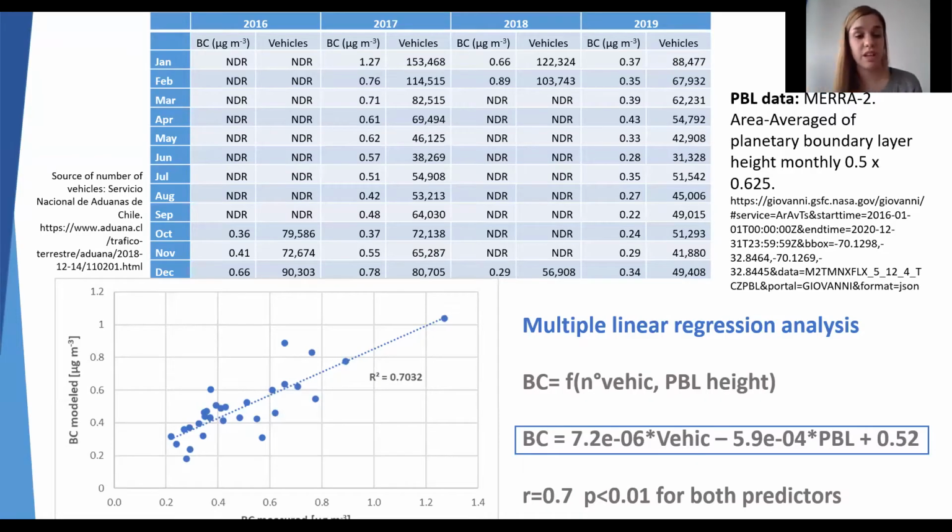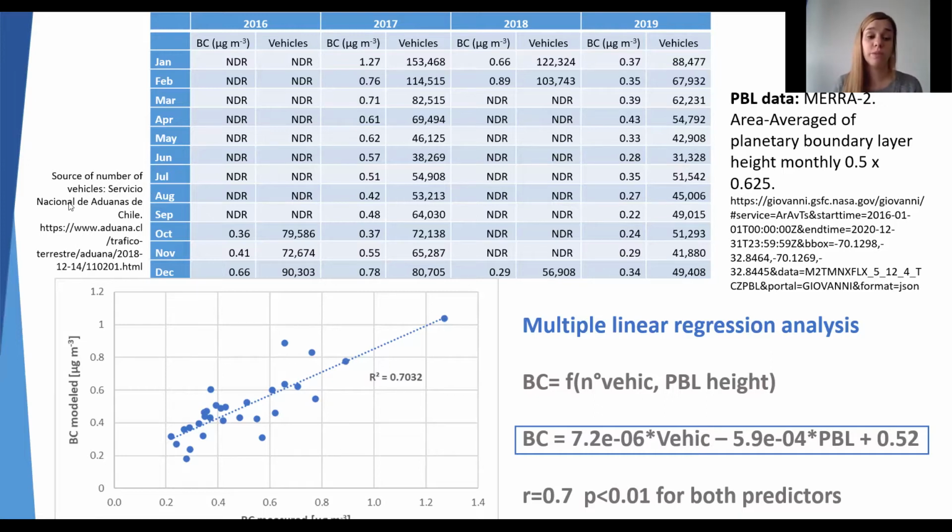To explore the relation between the black carbon concentrations, the meteorology, and the vehicular traffic, we performed a multiple linear regression analysis, relating the black carbon atmospheric concentrations that we measured with the number of vehicles that circulate on the road. To reflect the meteorological conditions, we took the PBL8, the planetary boundary layer data, from MERRA, the satellite data.